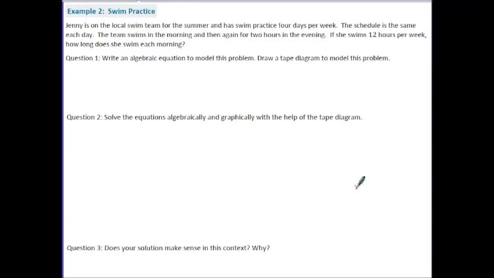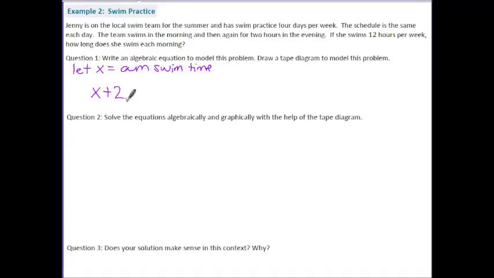So she practices each day for an unknown amount in the morning. So why don't we first let x equal the morning swim. So we know that she practices x amount of hours in the morning and then again in the evening for 2 hours.